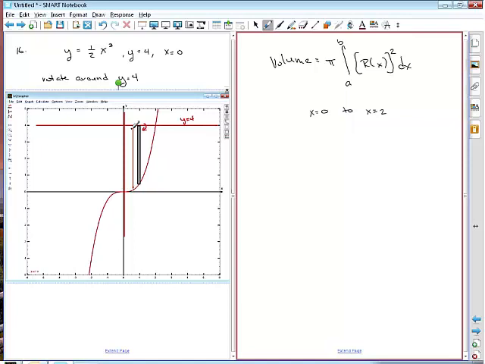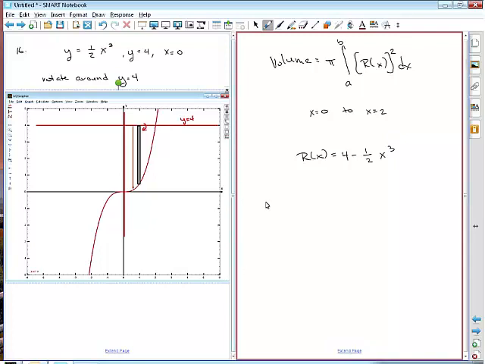Now the radius around this line y equals 4 is going to be the total distance from here to the x-axis, which is 4, subtracting off this function, which is the distance from the x-axis, and that will give us the remaining distance. So in this case, r of x is equal to 4, which is this, minus the function, which is 1/2 x cubed.